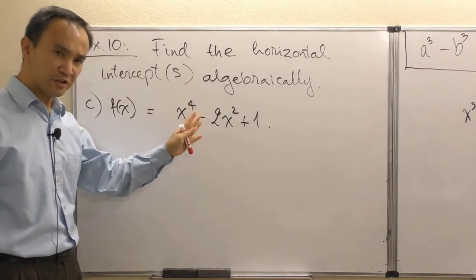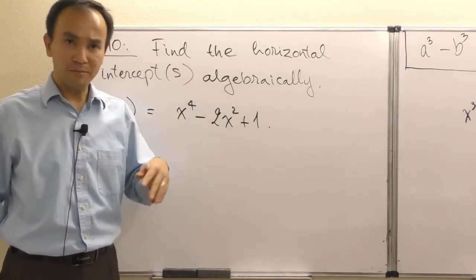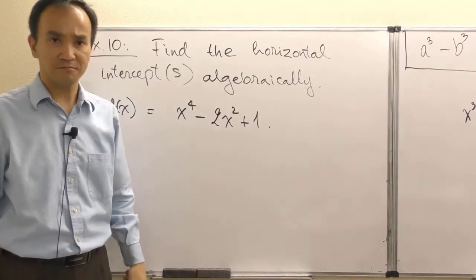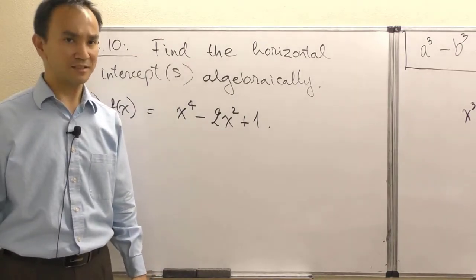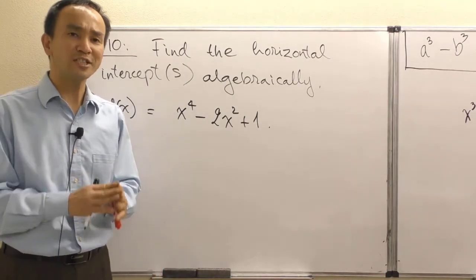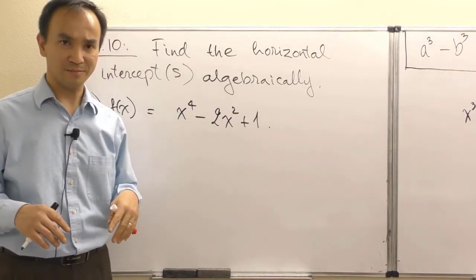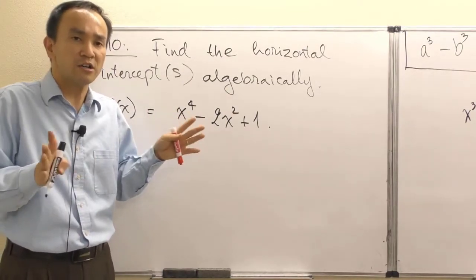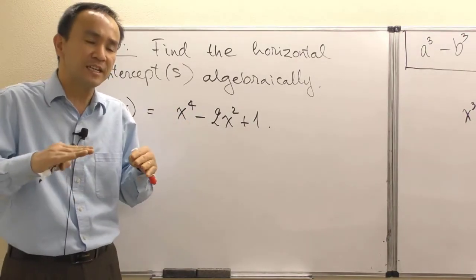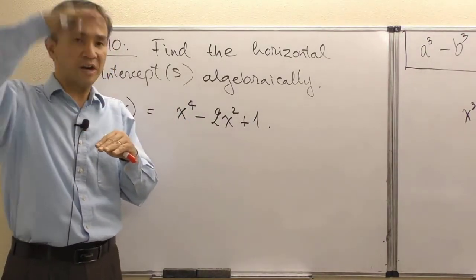It's a fourth degree polynomial, degree 4, and be ready for degree 5 and anything like that. But sadly there's no hard rule about how we can factor any of these polynomials with degree 3 or higher.